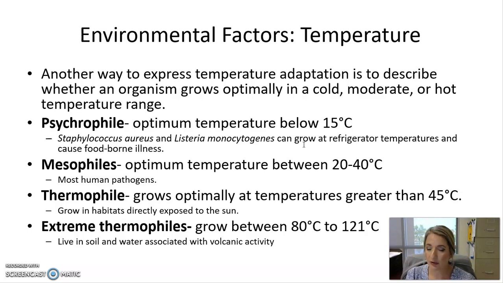Microorganisms that tend to prefer a colder environment are called psychrophiles. These microorganisms would grow best at temperatures below 15 degrees Celsius. So anything that would grow well in the refrigerator or freezer would be considered a psychrophile.